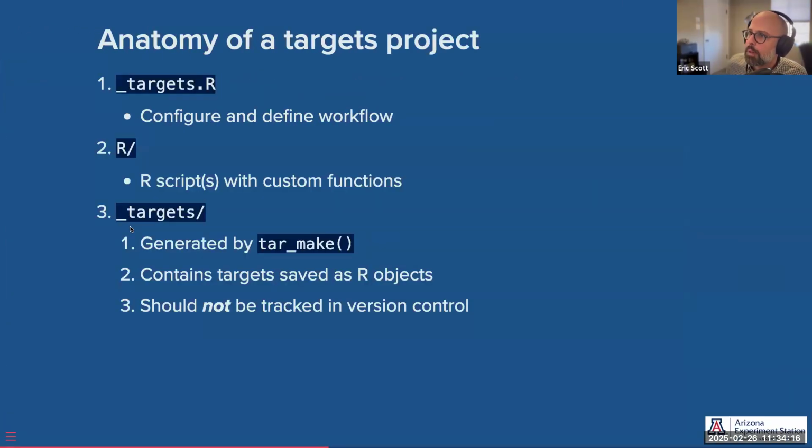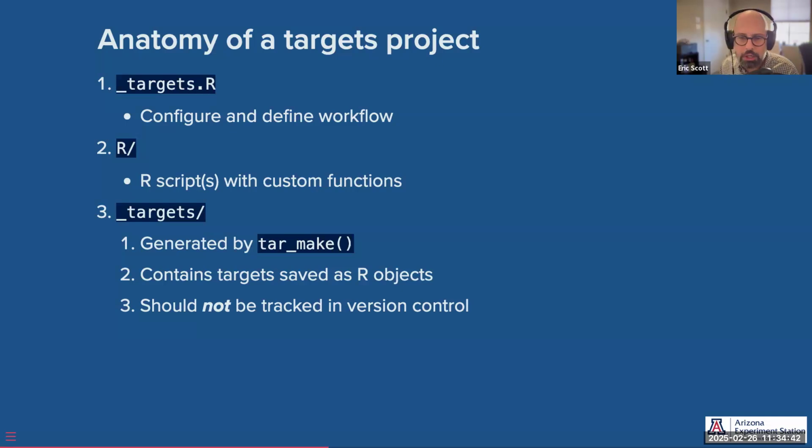Okay. So we talked about that _targets.R a little bit. That's where we configure and define the workflow. The R folder is where you put R scripts that have in them custom functions, and I'll talk about writing functions in a bit. And then that _targets folder is something that's automatically generated, and you shouldn't really touch or edit on your own.